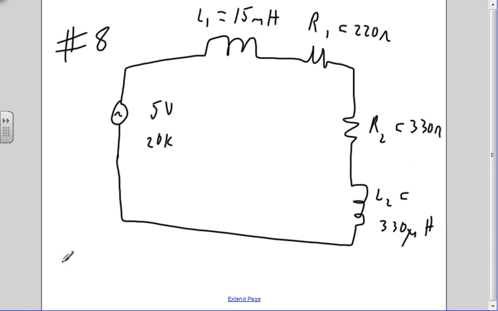Okay, so what do I need? Before I do anything, I need an X of L1: 2 pi 20k 15 milli. So 2 times pi times 20 times 15, 1.9k.